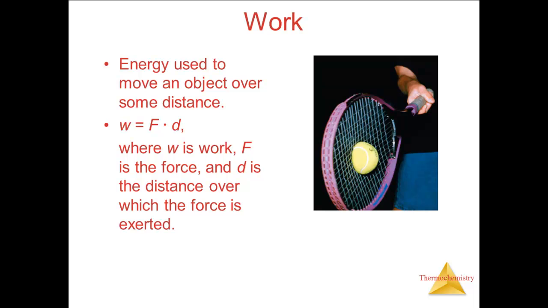If the object does not move, then no work is being done. When the force is related to the pressure, force per unit area, of a gas, it is called PV work. This is the most common type we will encounter. There are other types of work, such as electrical work, that may need to be taken into account.